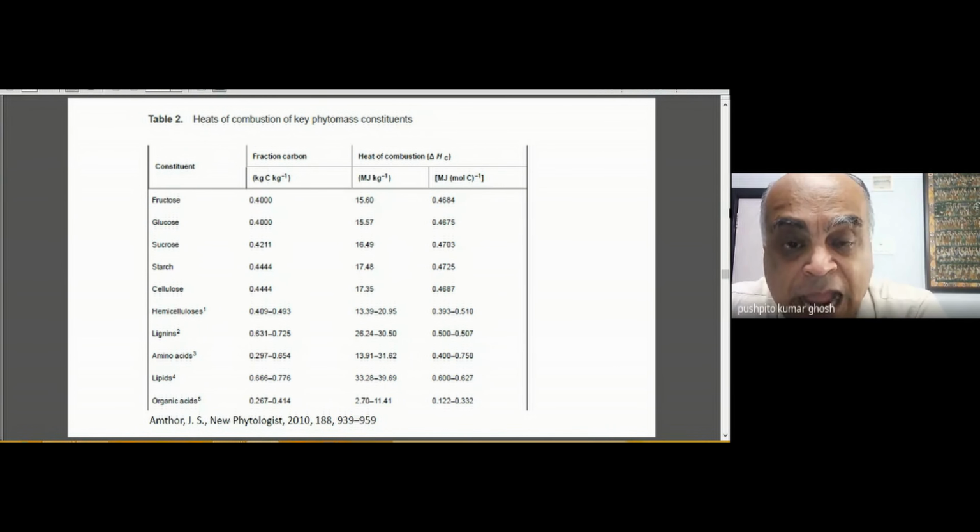Okay, and at the extreme would be carbon dioxide, which is +4. Obviously, I cannot combust carbon dioxide; it's already at the lowest energy form. So remember that the combustion process always takes carbon from a lower oxidation state to a higher oxidation state.